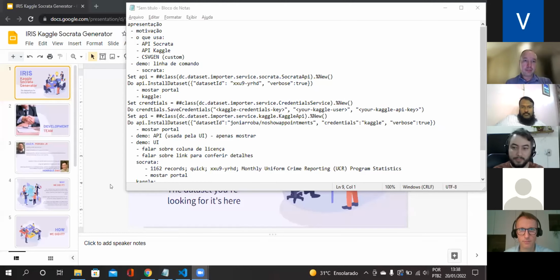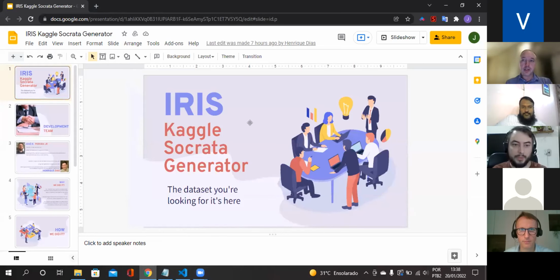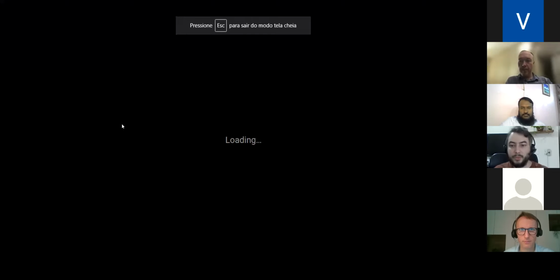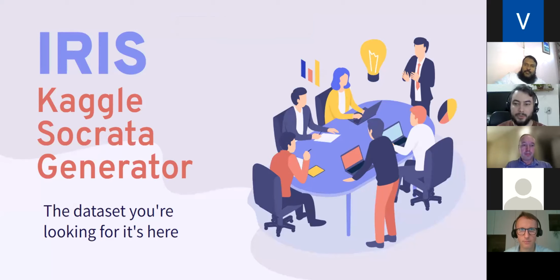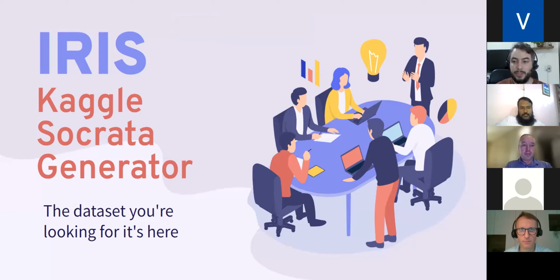Thank you for introducing me. I'm José, and Enrique and I created an application for grabbing data sets from Kaggle and Socrata, called Kaggle Socrata Narrator. It's not so clever a name, but it's explicit.